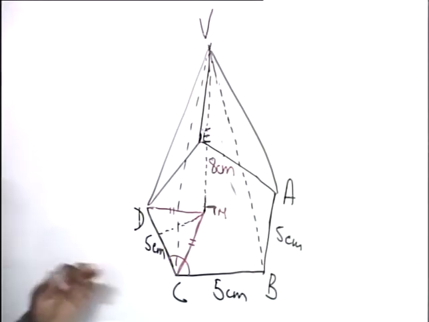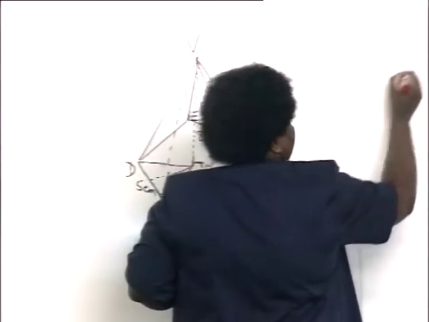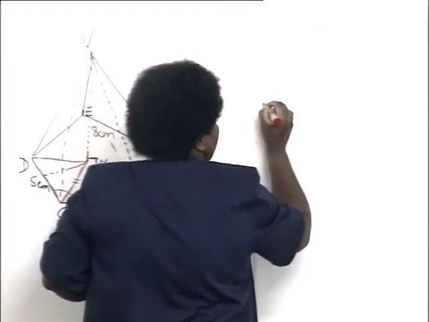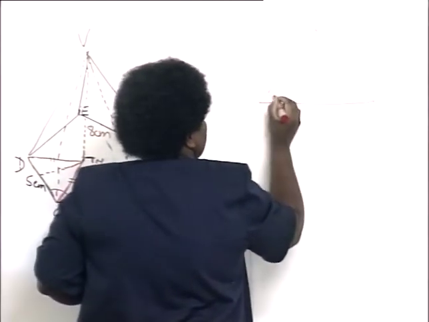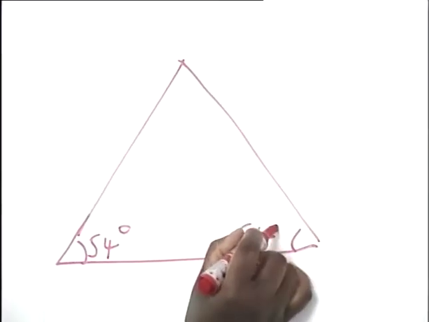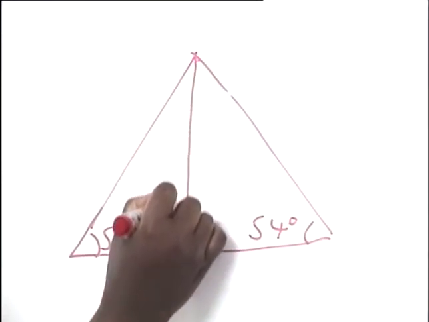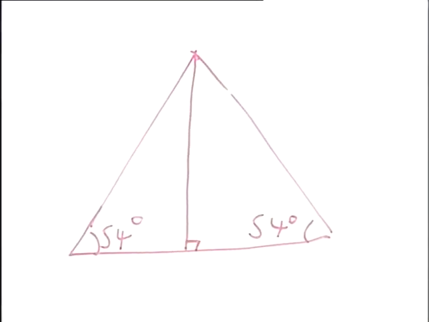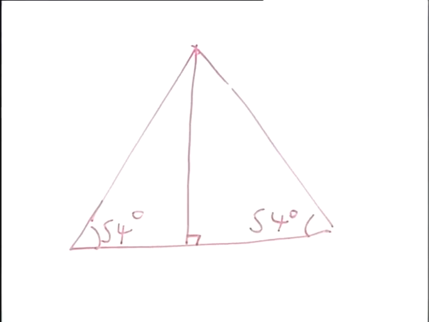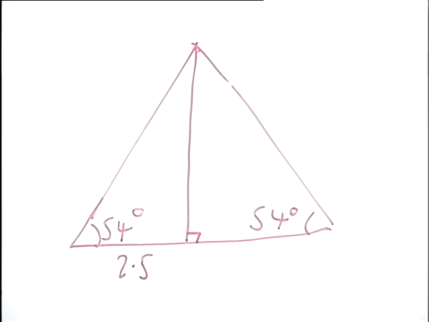So this is 54. What I'm going to do is redraw the triangle on the side. So this is the triangle we are looking at. This angle is now 54 degrees. This one is 54 degrees as well. I want this side of the triangle, which happens to be the perpendicular height. This is 5, so one of them will be 2.5.